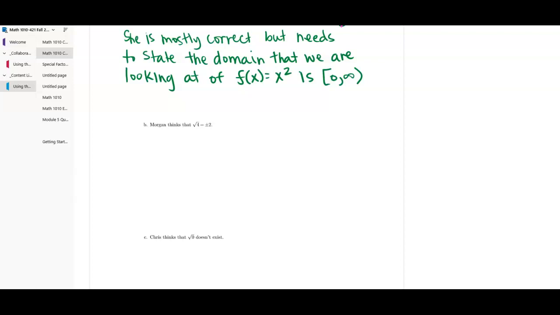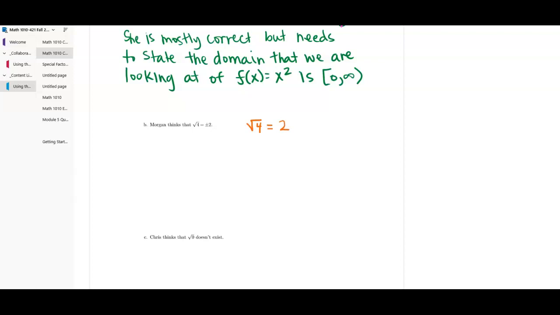Yeah, so when we're looking at the definition of this, when we're taking the square root like this, we are just finding that non-negative answer, right? So the answer is just 2 on this.